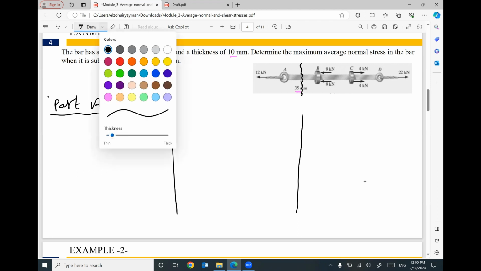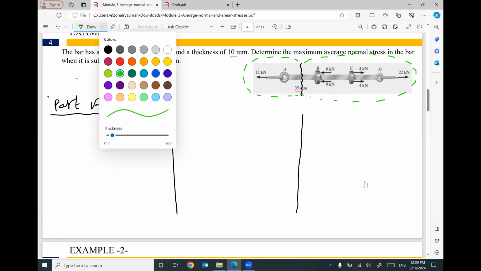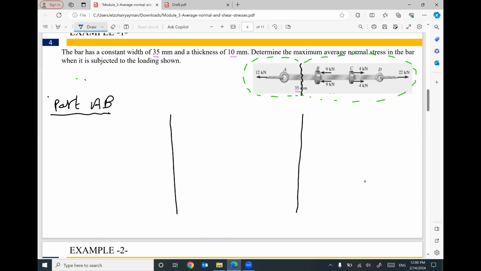I will do a cut, and I can decide to use the left part or the right part after I cut in part AB. To make it simpler, I'm going to use the left part. So here is the left part. I did the cut here, and at A, I have a force equal to 12 kilonewton.